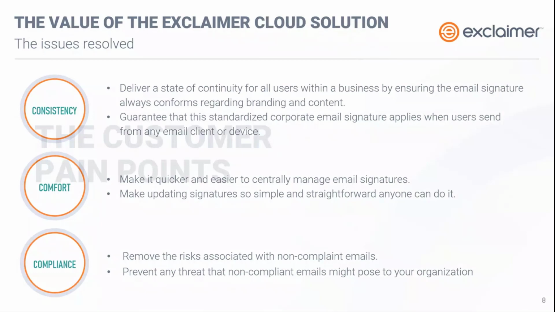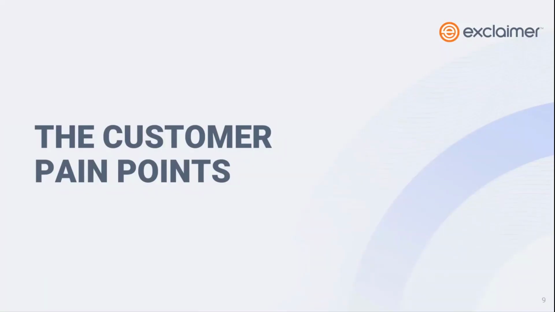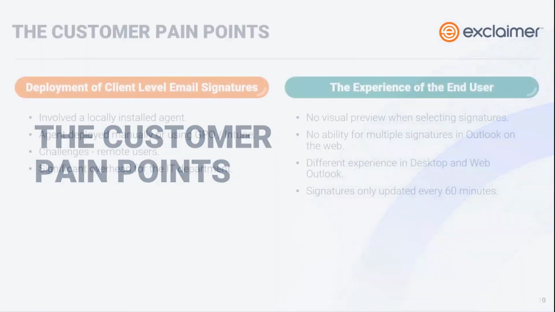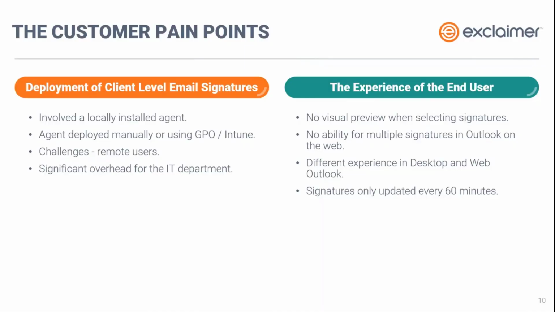So if we turn our attention to some of those pain points we've been able to address with this add-in. We had previous ways of delivering email signatures to the Outlook client, but there were definitely some pain points associated with that previous method. For a start, it involved a locally installed agent, which of course is more difficult to deploy.